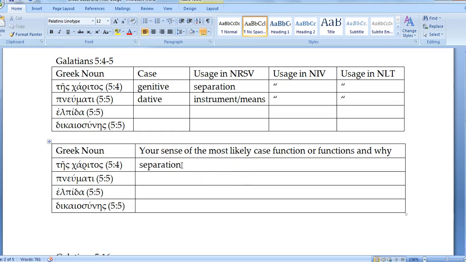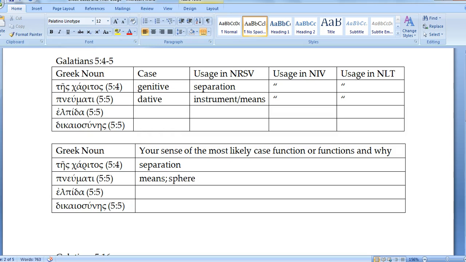Separation works there. And I think there's really no reason to dispute that. It makes sense that the Spirit is, in fact, the instrument by means of which we are confidently awaiting the end result of this journey of faith. It is possible to take this dative in other directions.